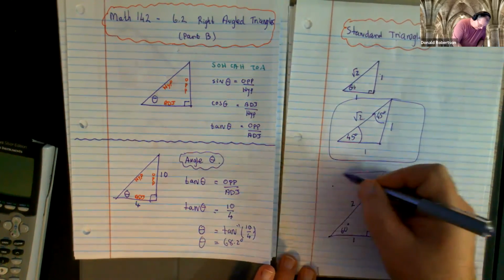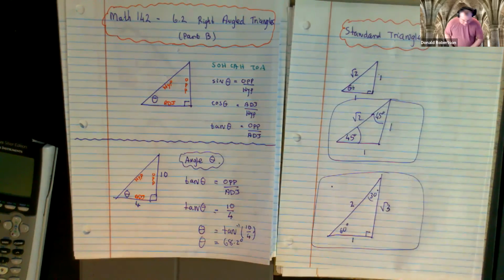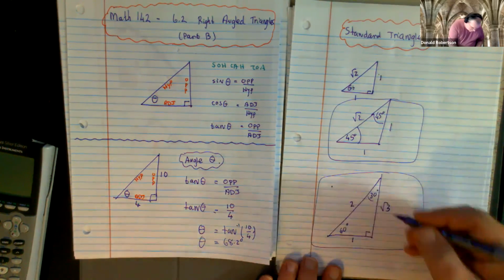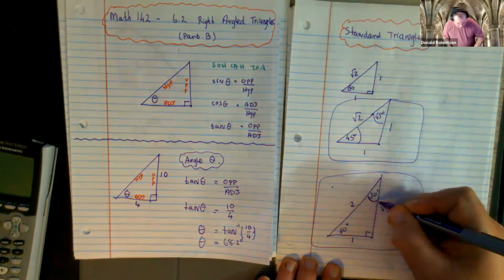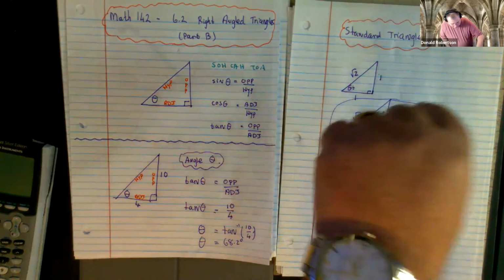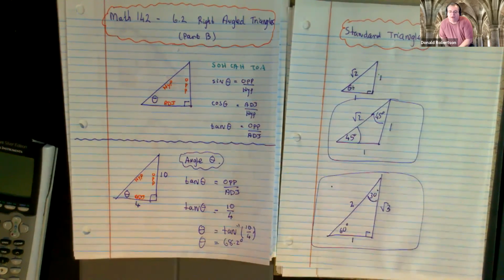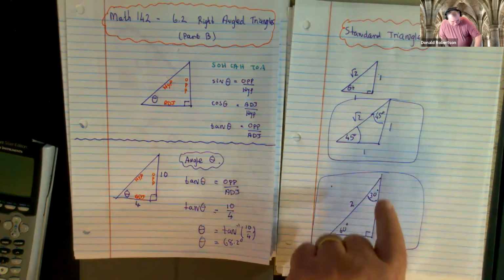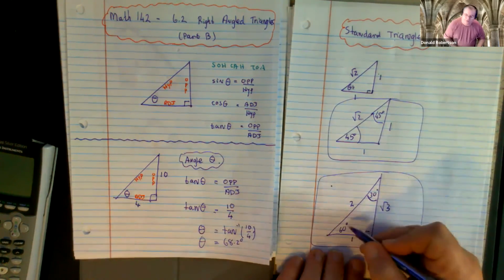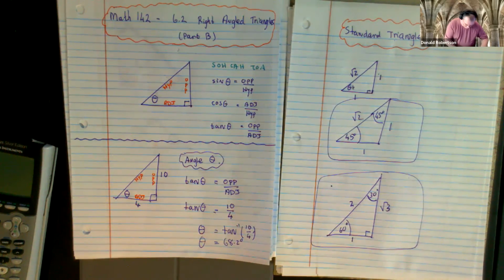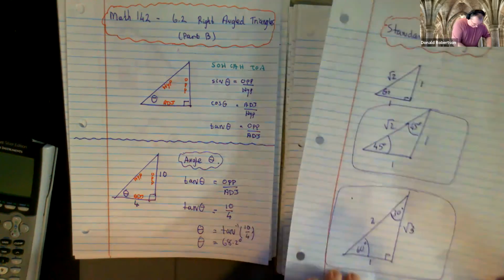We call that a standard triangle as well. If you can memorize what these two triangles look like, you can actually create all the trig ratios for 45 degrees, for 30 degrees, and then for 60 degrees. You can create all of those.